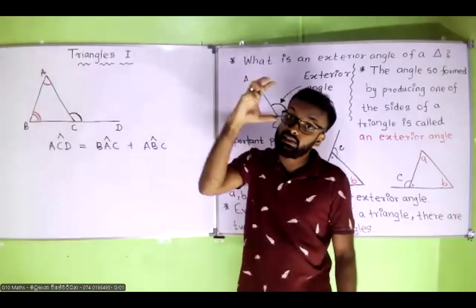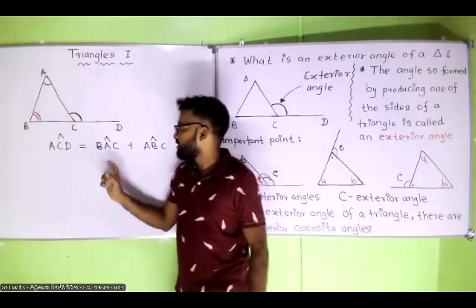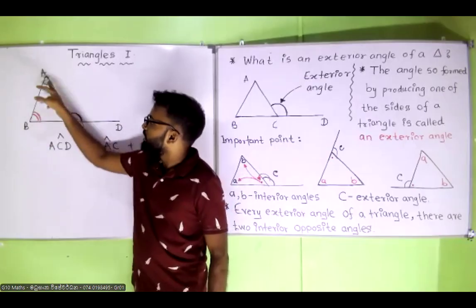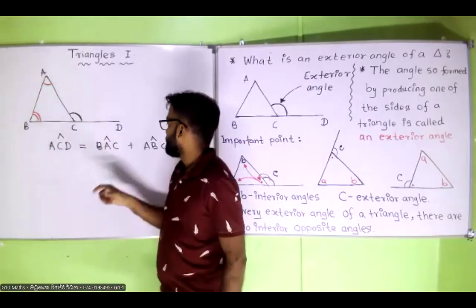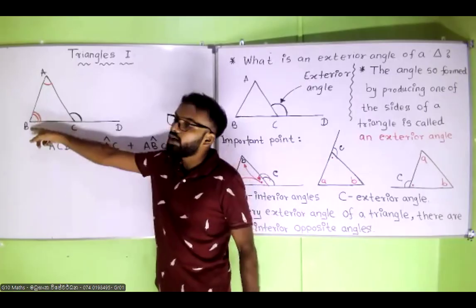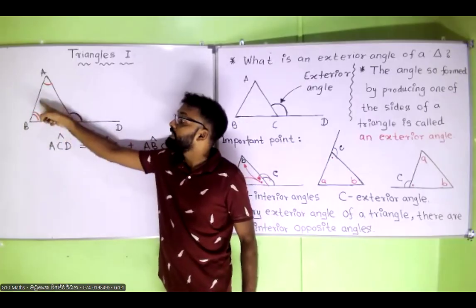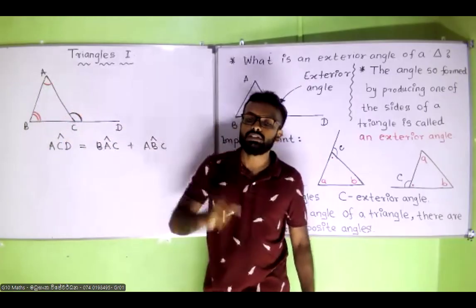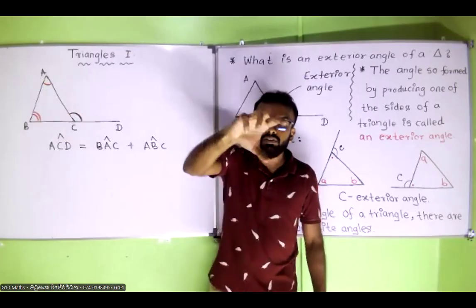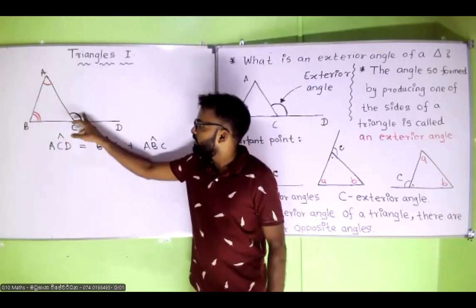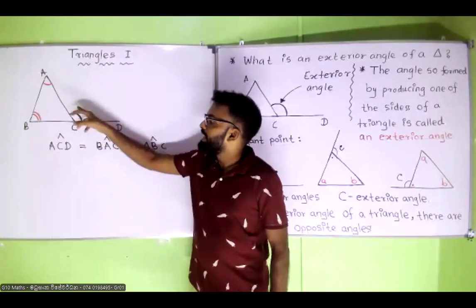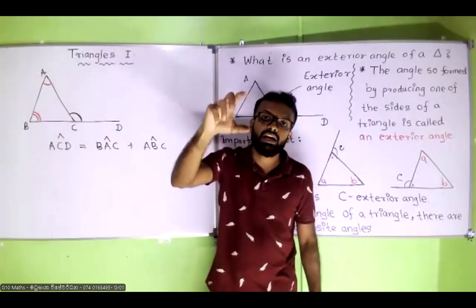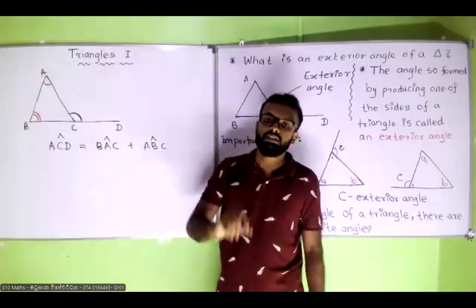ACD is my exterior angle, BAC is my interior angle, and ABC is the other interior angle. If I add these two interior opposite angles, it will be equal to our angle ACD, which is the magnitude of the exterior angle.